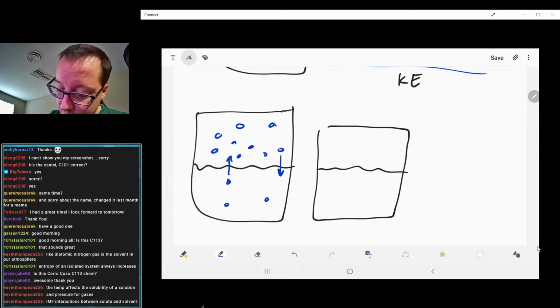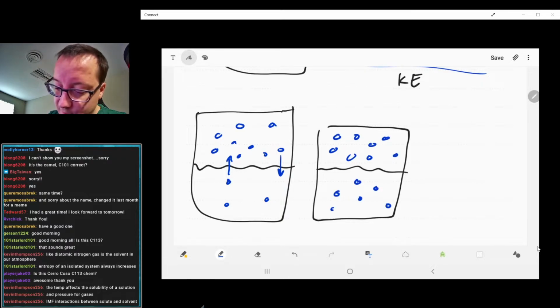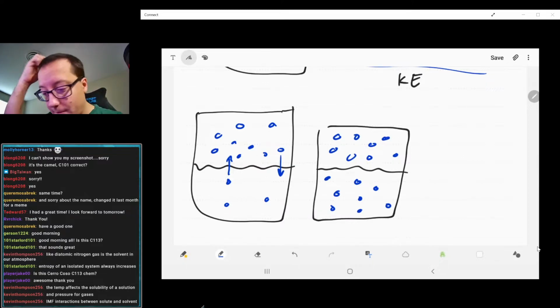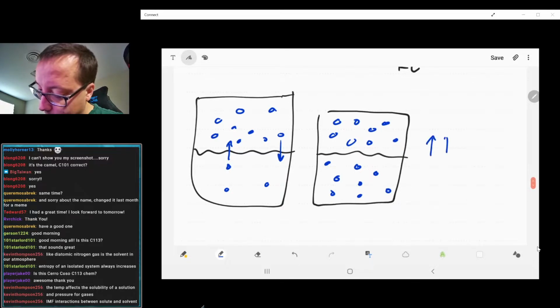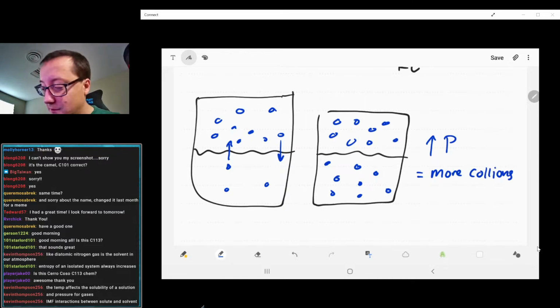If I do that, just the pressure here, that's going to force more particles to go into solution because they're going to be colliding more often. Remember that higher pressure means more collisions, right? That's how we look at pressure for gases. And more collisions means it's more likely to go into our solution here.